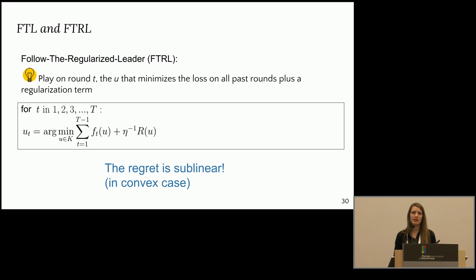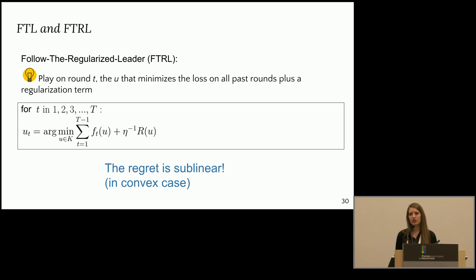Well, there exist several algorithms for no regret in the convex case. Most of them stem from follow the regularized leader, or FTRL. FTRL has a very simple rule that selects the strategy for a learner. At every time step, it selects the strategy that minimizes the cumulative loss over all the previous losses that have been seen so far, plus some regularization term.